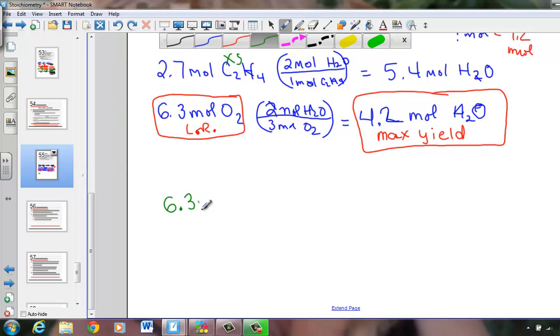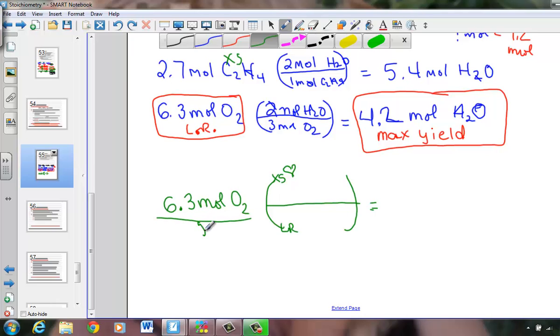So I'm going to begin by writing 6.3 moles of oxygen. But this time, instead of the product as my target, my new target becomes the excess reagent. So the heart of my problem wants to compare the excess reagent from the limiting reagent.